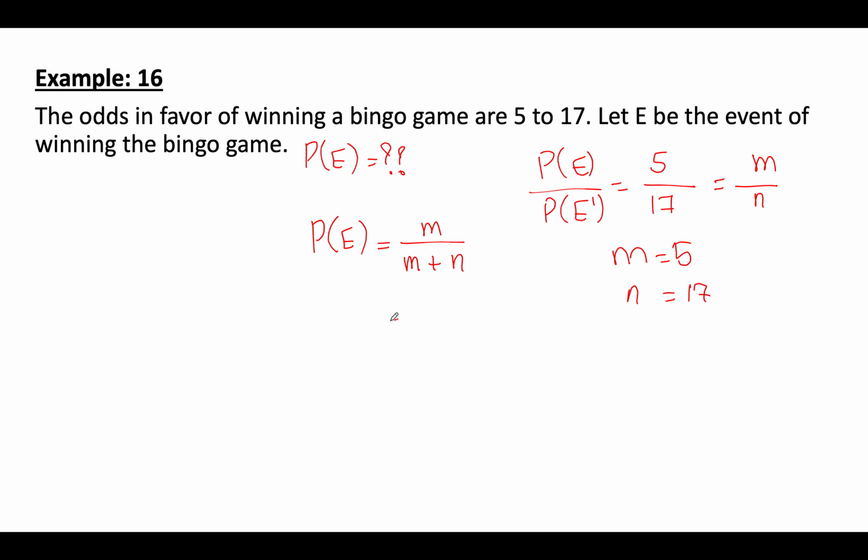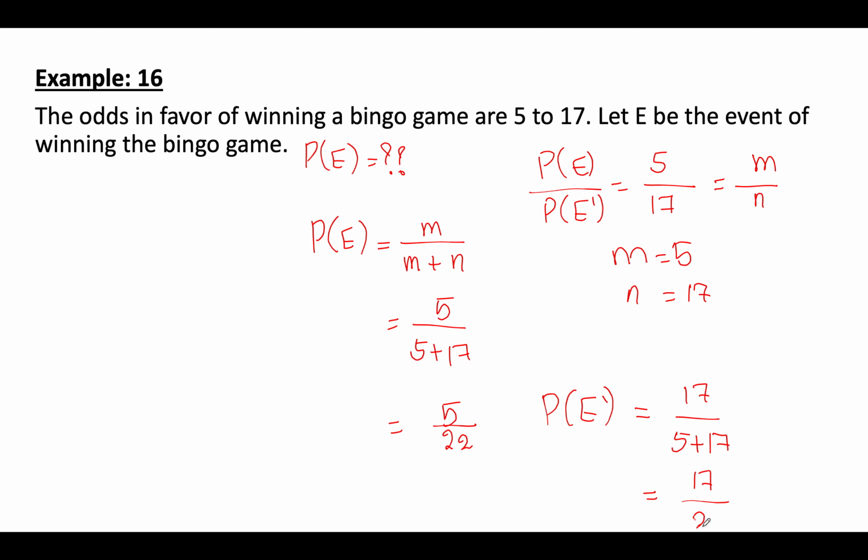So the probability of E is equal to M, 5, over 5 plus 17, which is 5 over 22. And for the E complement, it will be equal to 17 over 5 plus 17, which is 17 over 22.